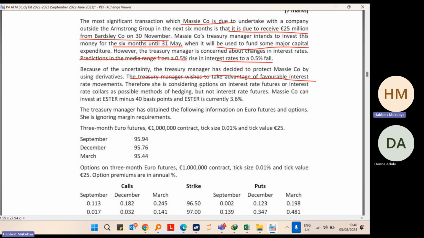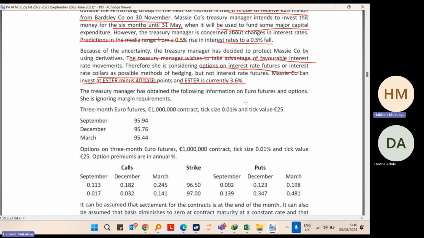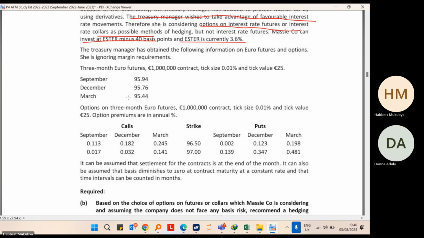So using options or collars, but not futures. They can invest at Esther minus 40 basis points, and Esther is currently 3.6%. So the manager has obtained the following information on euro futures and options.